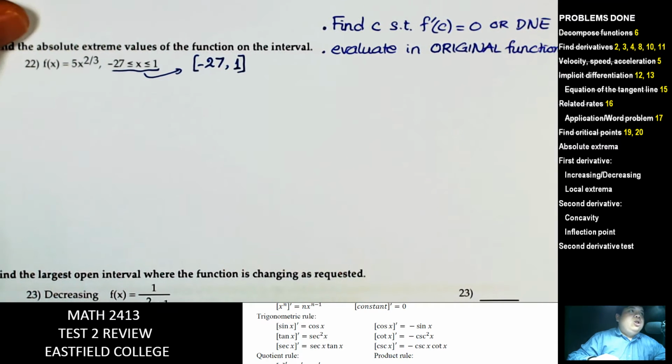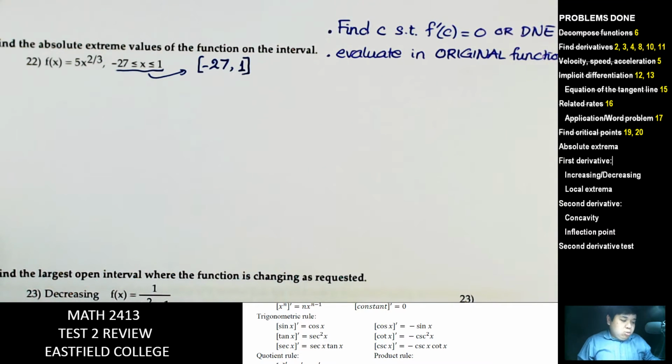So those are pretty much the two steps, and because the biggest one is the max, the smallest one is the min.